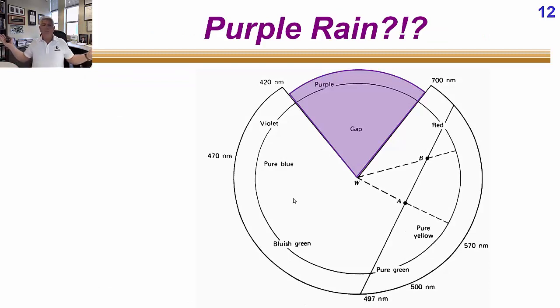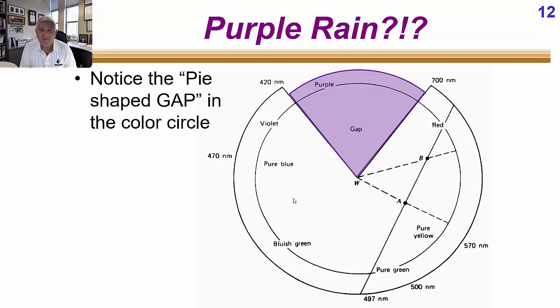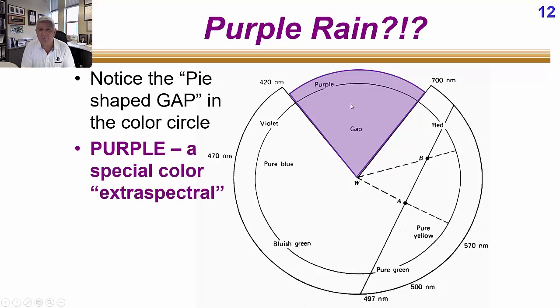All right, so why was I playing Purple Rain, other than it's an awesome song by Prince? It's because purple doesn't exist. Do you see the gap here? We go from 400 all the way around to 700, and there's no purple. Purple exists in this gap. It's called extra spectral. It's outside the spectrum of our color. There is no single wavelength of light that can generate the color purple.